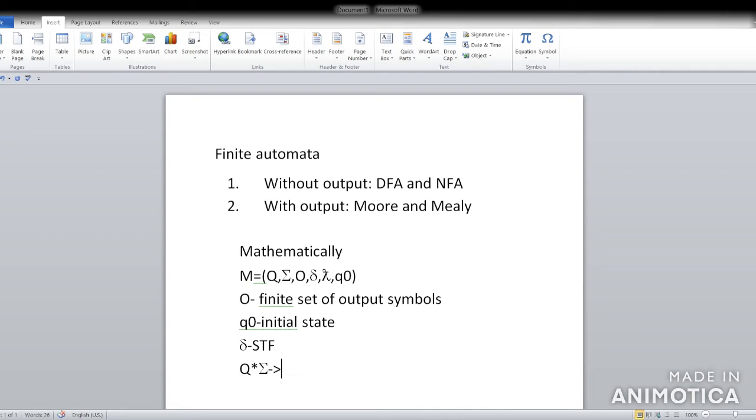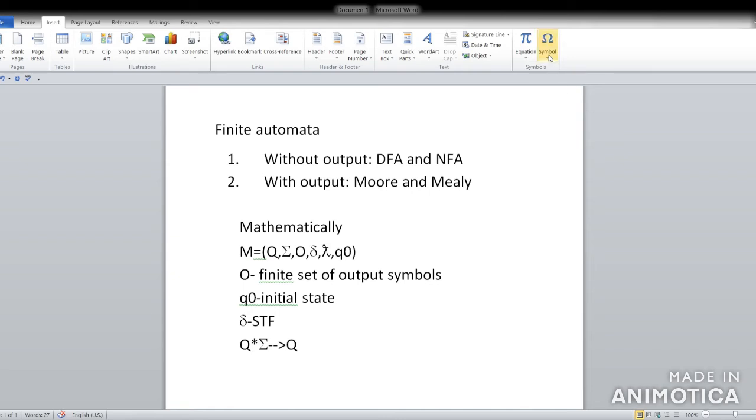So we can show by using this, right? I'll add here an arrow like this. So state function is defined like this, which maps state and input alphabet to the next state. Now lambda is defined here. We have seen lambda in finite state machine.